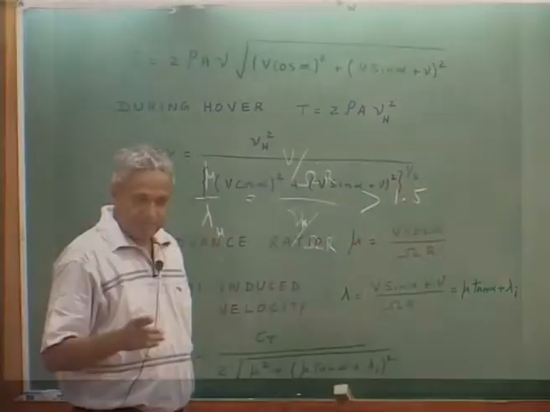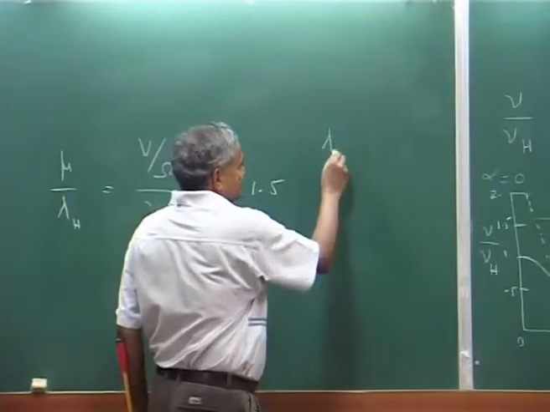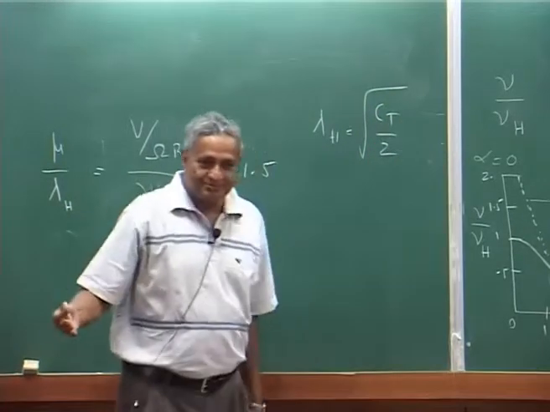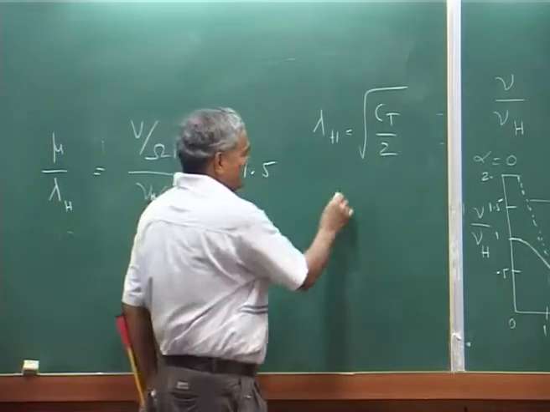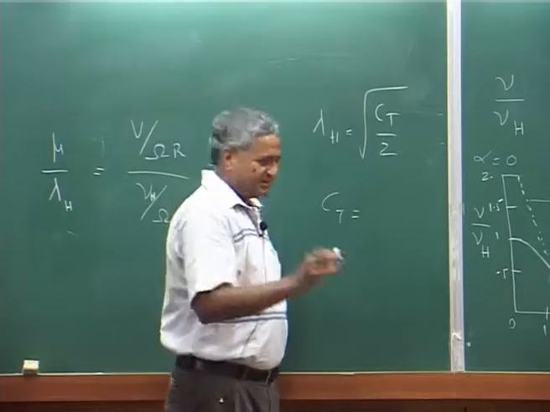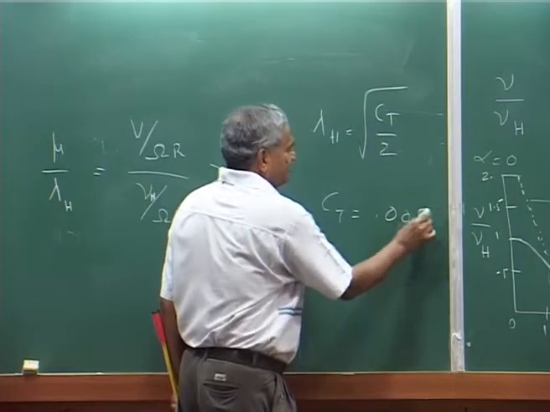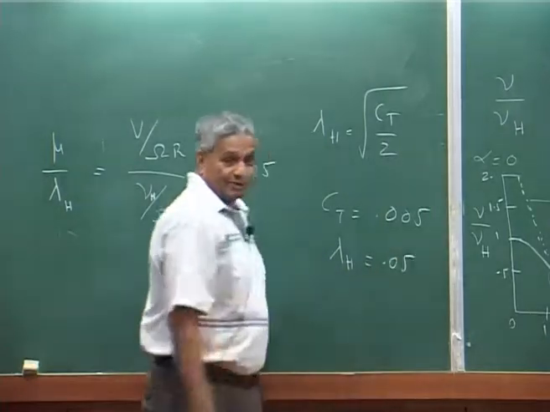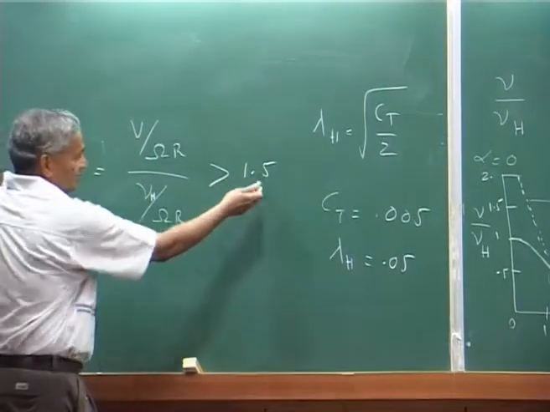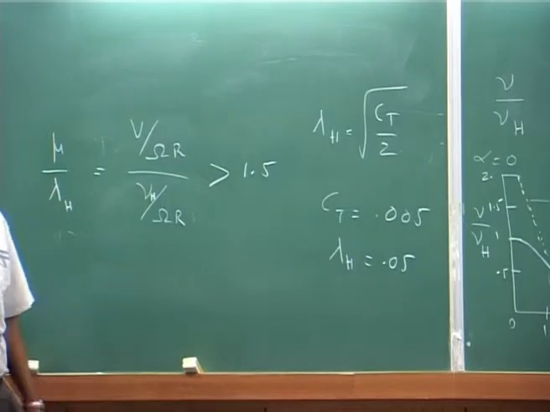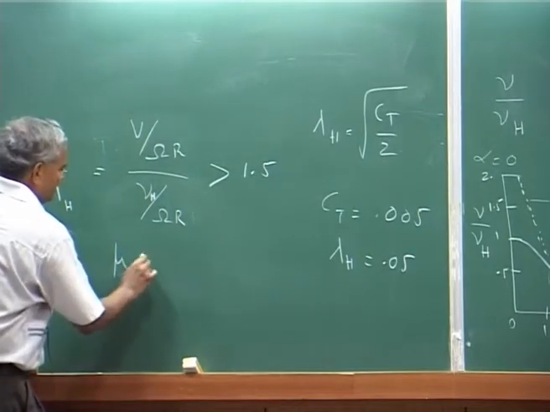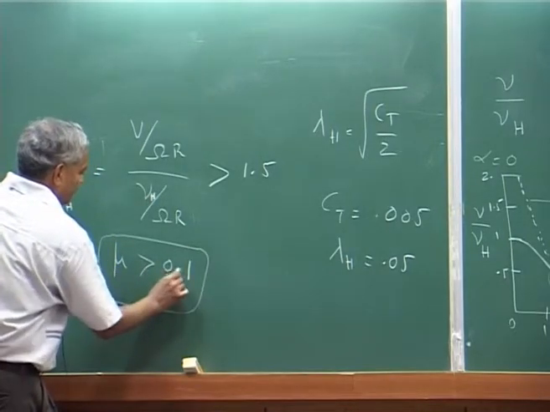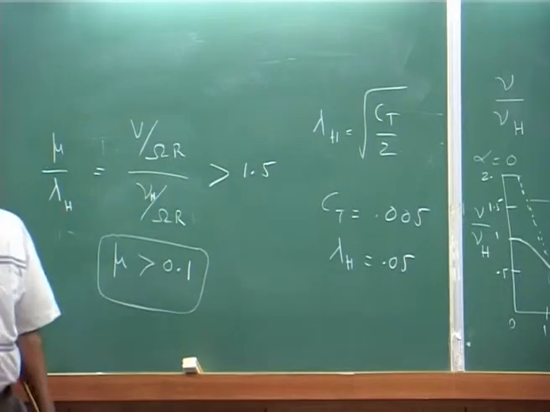Usually lambda h is the hover inflow. We know lambda h is square root of Ct by 2, and if Ct is approximately 0.005, then lambda h is 0.05. Now, if you take 0.05 into 1.5, you get 0.075. So, usually they say mu greater than 0.1.